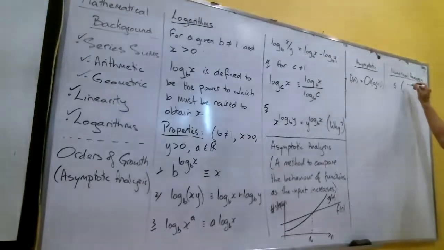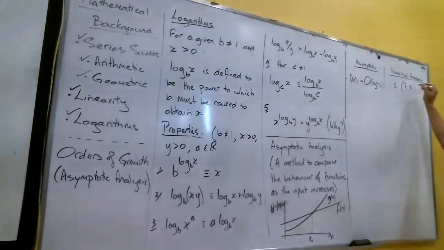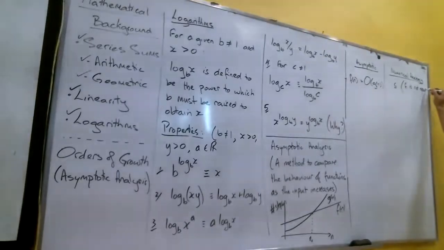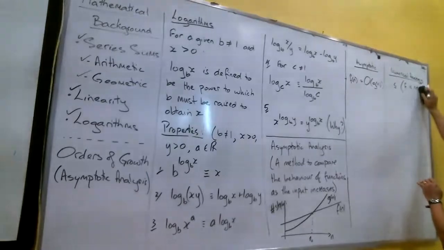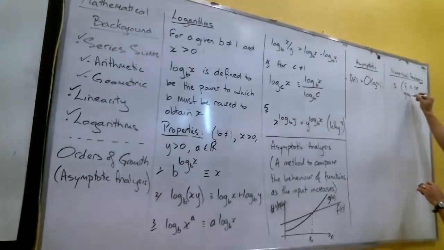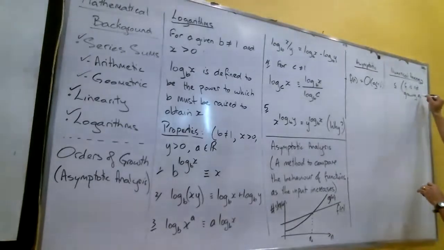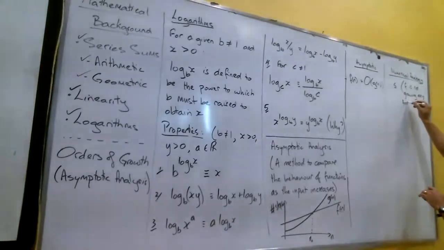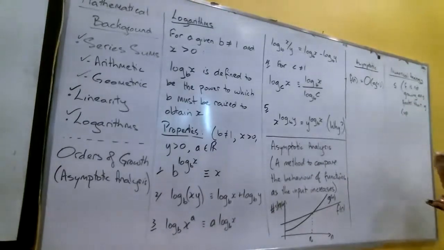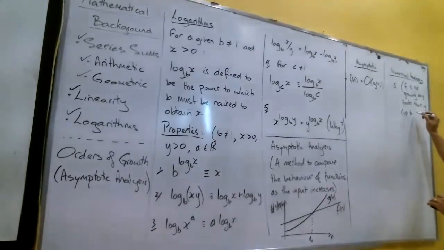And the way we're going to say this is that f is not growing any faster than g. Sometimes in maths they'll say this phrase, up to constant.